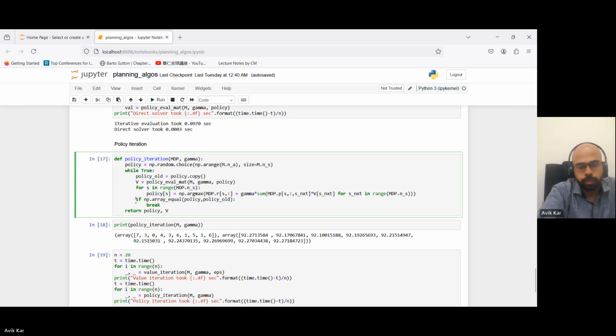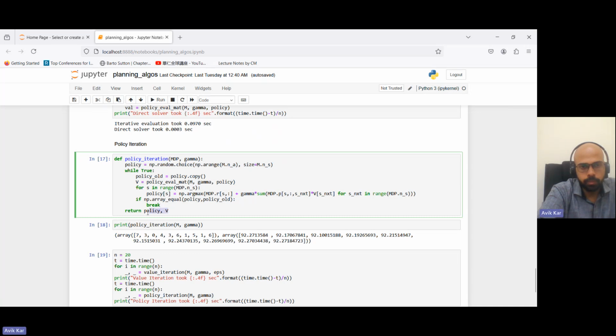And if the new policy is the same, that is checked in this if condition, we have used this inbuilt function array_equal in NumPy. If they are the same, then we'll break. Otherwise, we'll continue for another iteration.